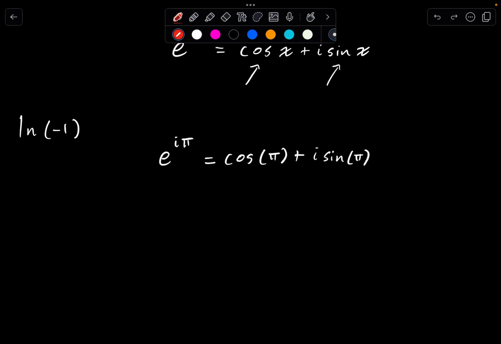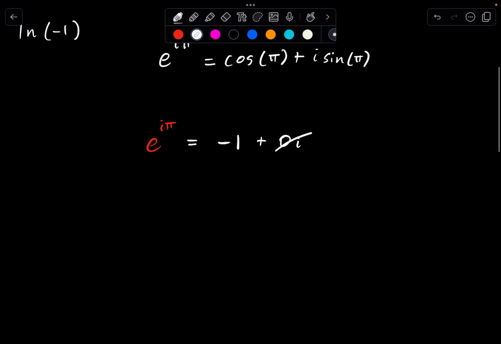So I'll write this in red because I think it deserves something more than just white. Then it is equal to cosine of pi, that is indeed -1, plus i sine pi. Sine of pi is indeed 0, so we get plus 0i, which is pretty cool actually, meaning our imaginary number comes out.